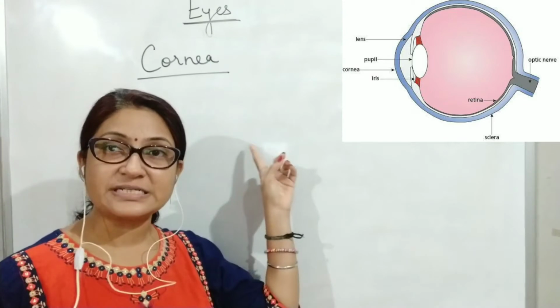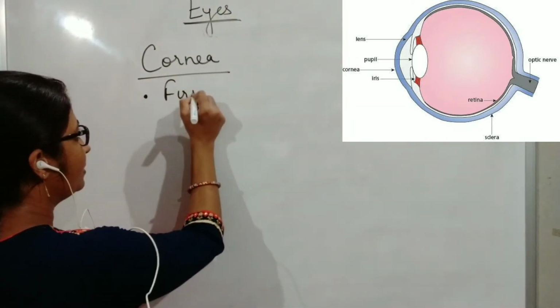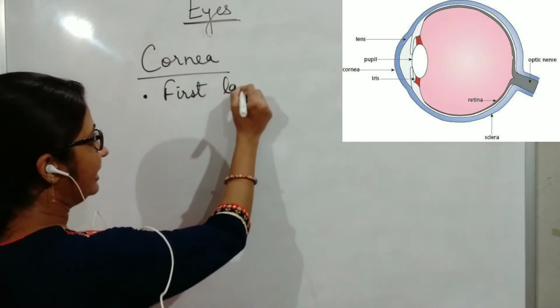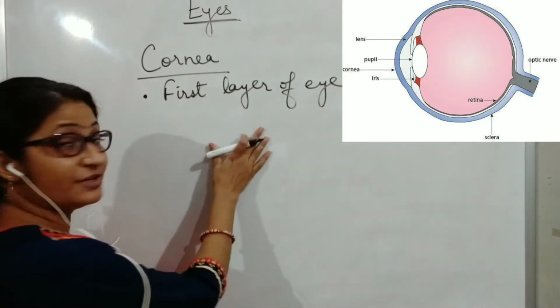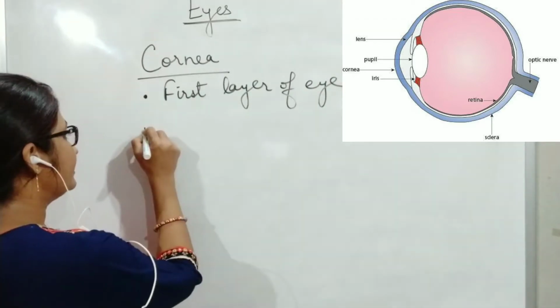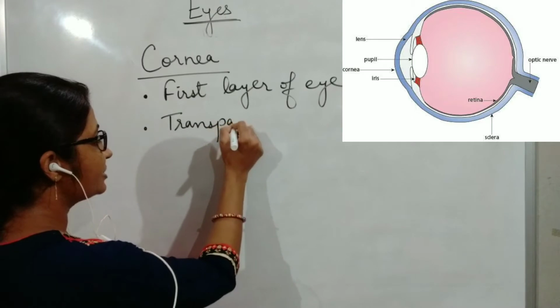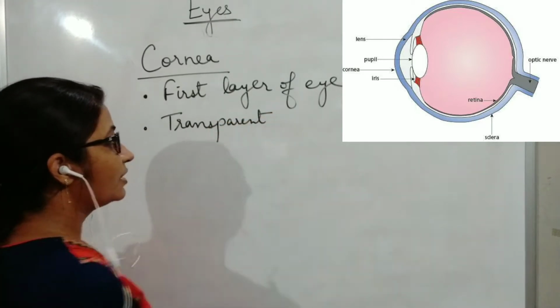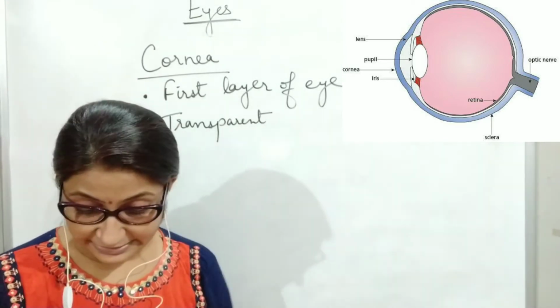Firstly, this is the first layer of the human eye. Secondly, this layer is transparent. This is not opaque. Instead, this is a transparent layer.